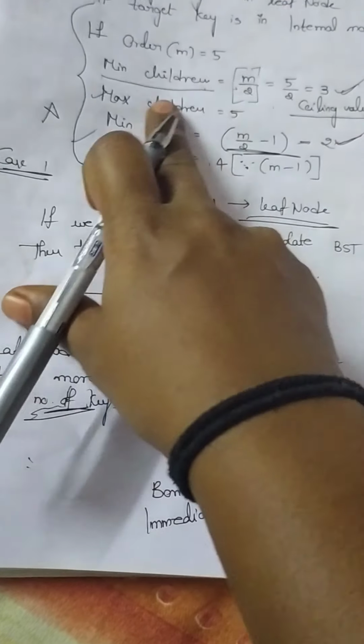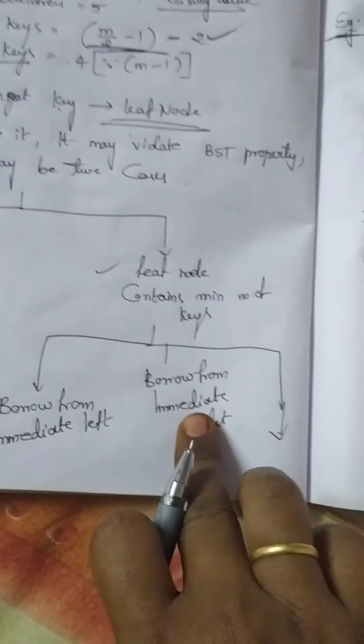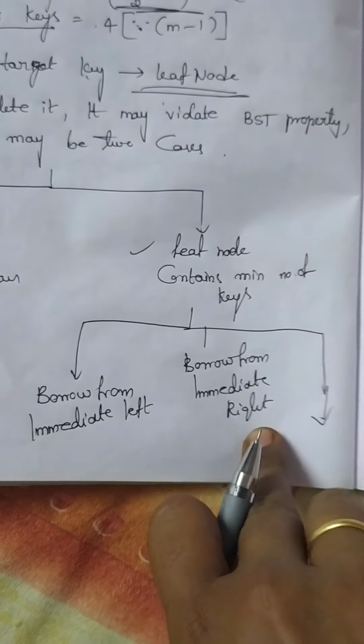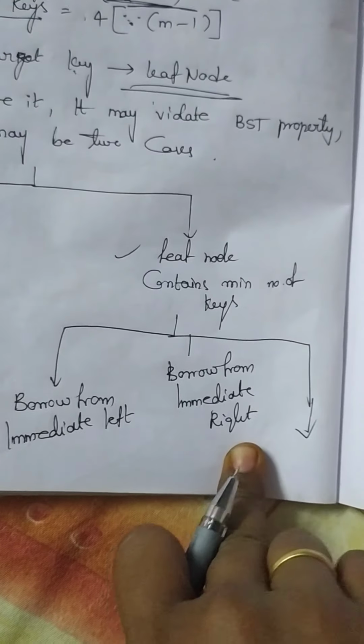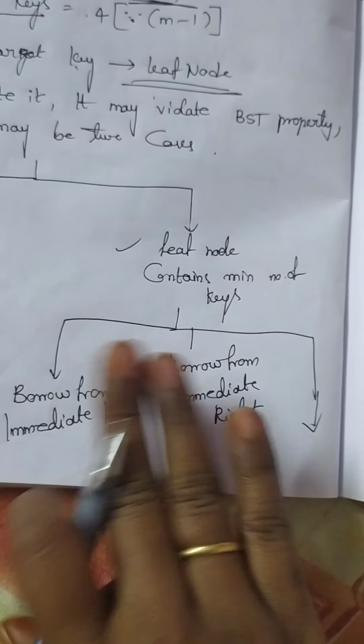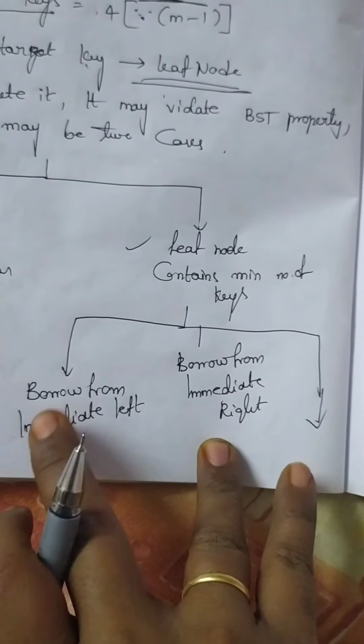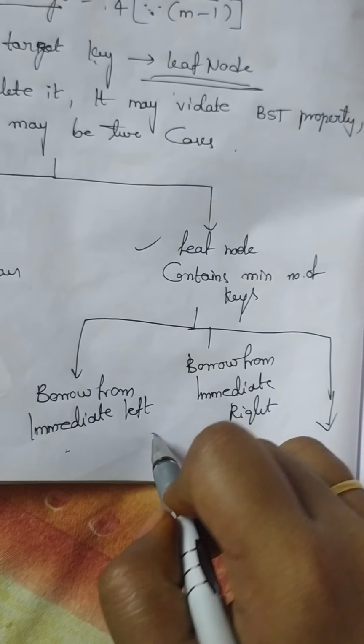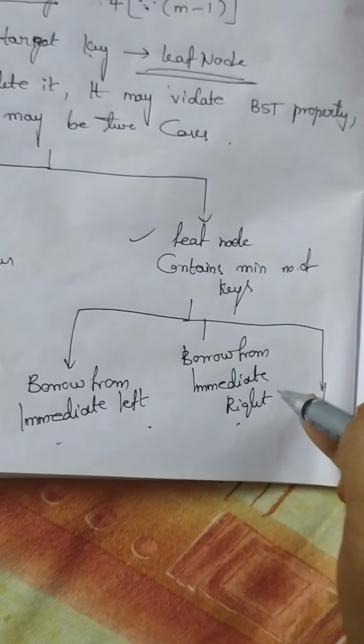For this problem we have to borrow from the immediate left or from the immediate right sibling. In the leaf nodes there may be siblings, a left sibling or a right sibling. So it may borrow from the immediate left sibling or its immediate right sibling.